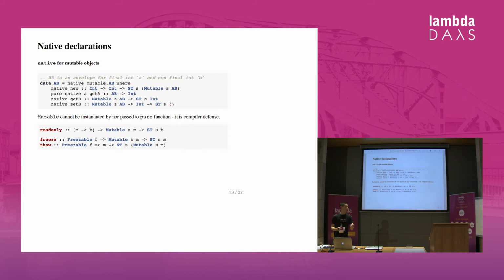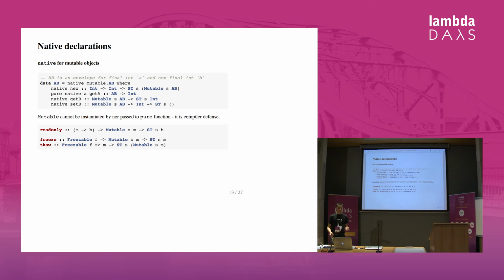There is a readonly function which allows you to extract the immutable part of your otherwise mutable type. So we can extract A from our AB type because it's final and it's quite a safe operation. We know it won't mutate under the hood by another thread or anything like that.